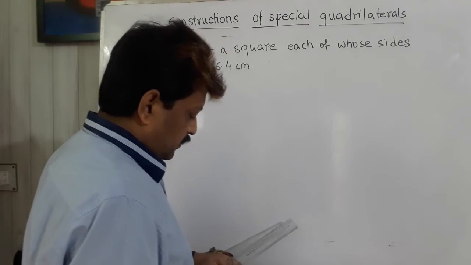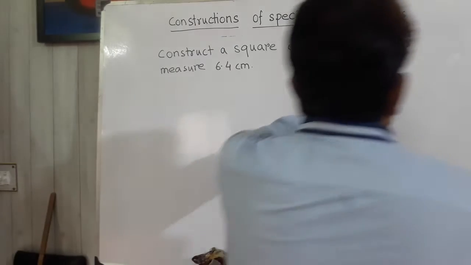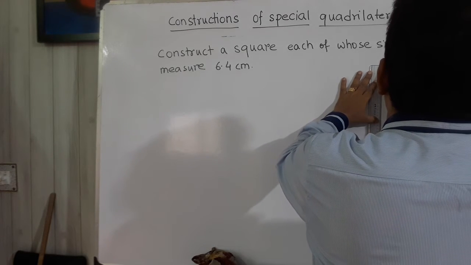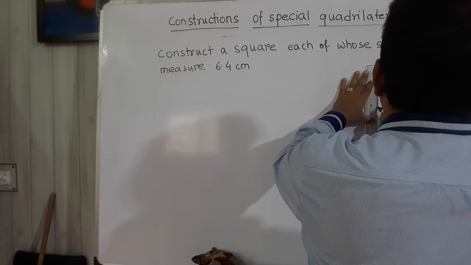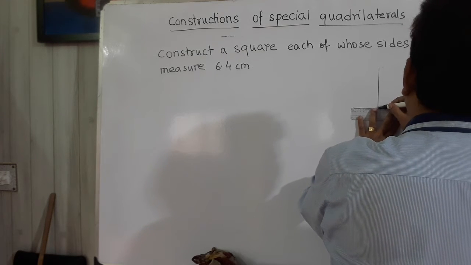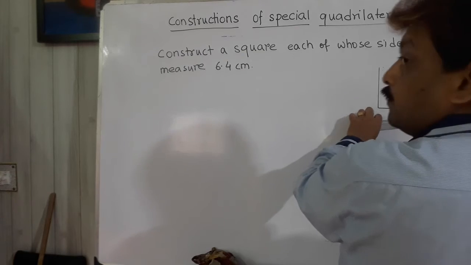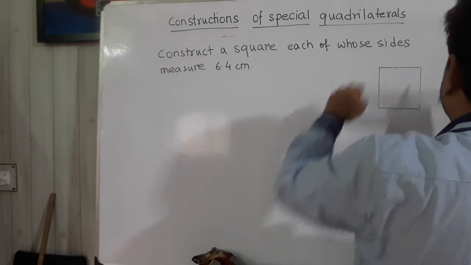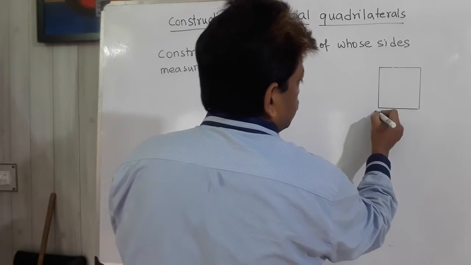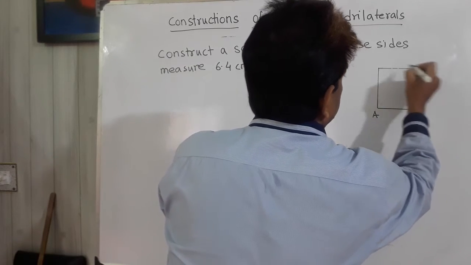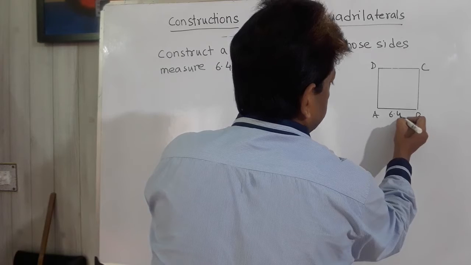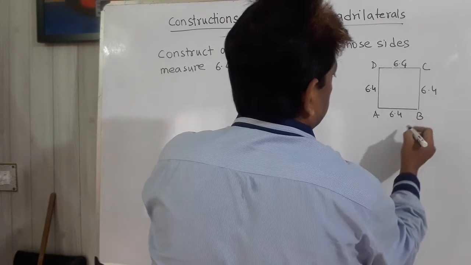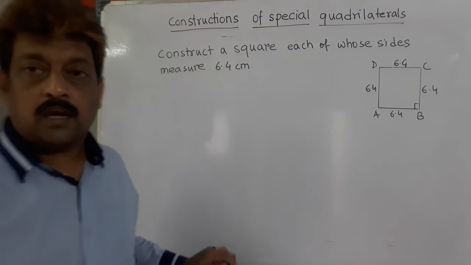So, first of all, suppose the square is ABCD and all the 4 sides measure 6.4 centimeter and included angles are 90 degree each.